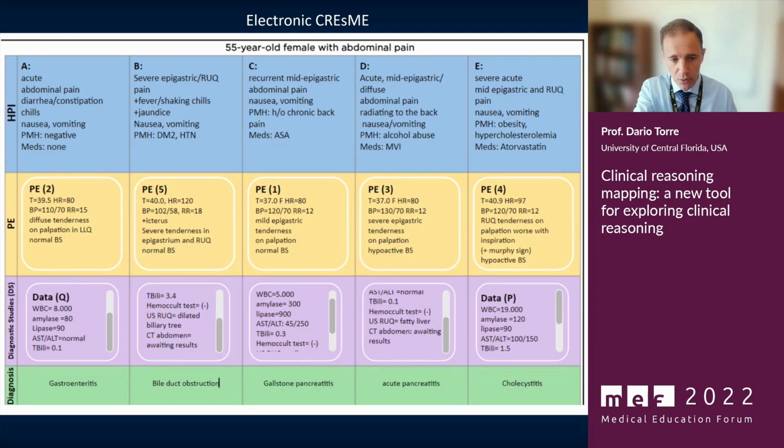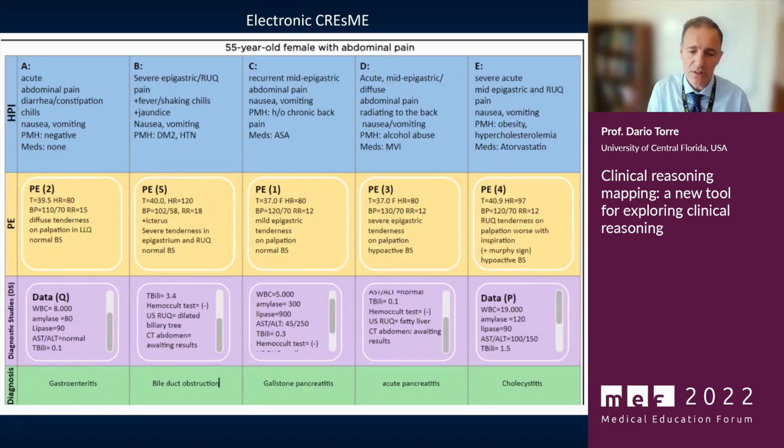And so they move appropriately within the history, the physical exam, the diagnostic workup, what they think is the appropriate history, for example, physical exam and diagnostic data for gallstone pancreatitis. This is an actual example of a student completing this exercise, and they have to align that and make sure that history, physical exam, and diagnostic workup are appropriately connected.